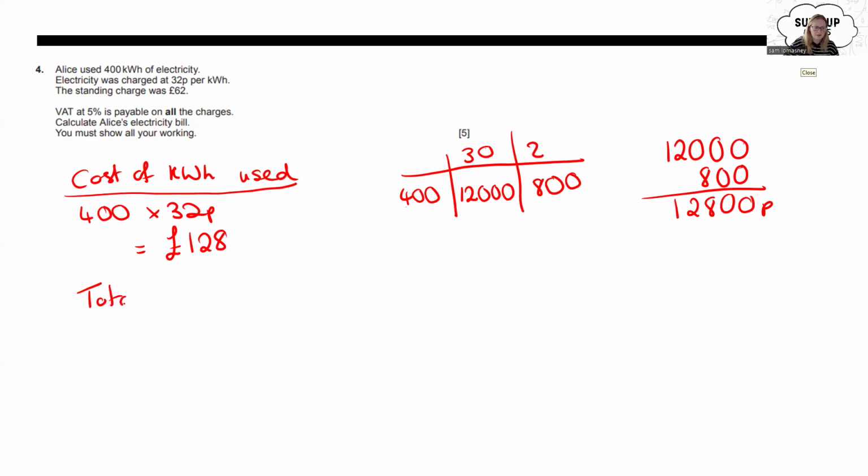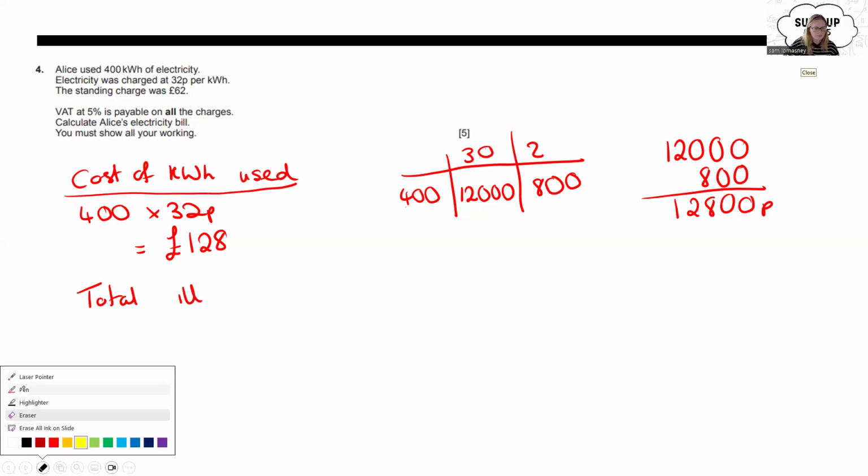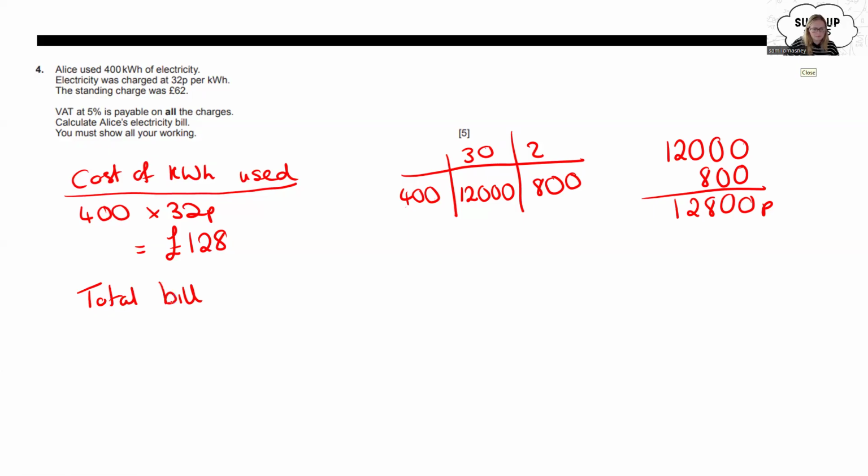So then we're going to look at the total bill. That is going to be the standard charge added on. Sometimes in questions, you'll see standard charge, and you have to work out what 3 lots of it are or 6 lots of it are.